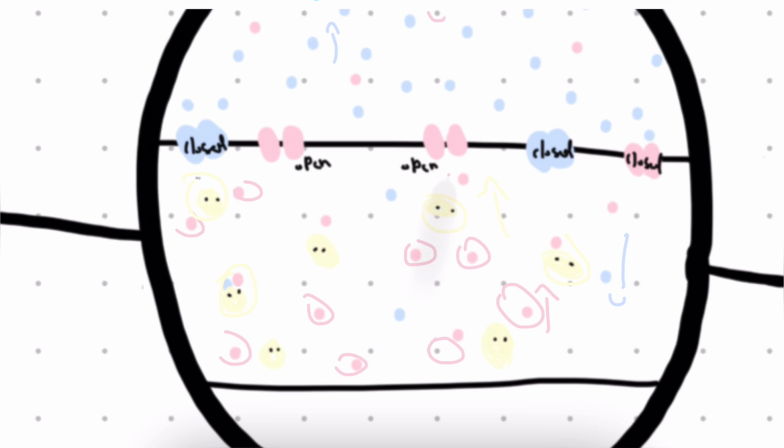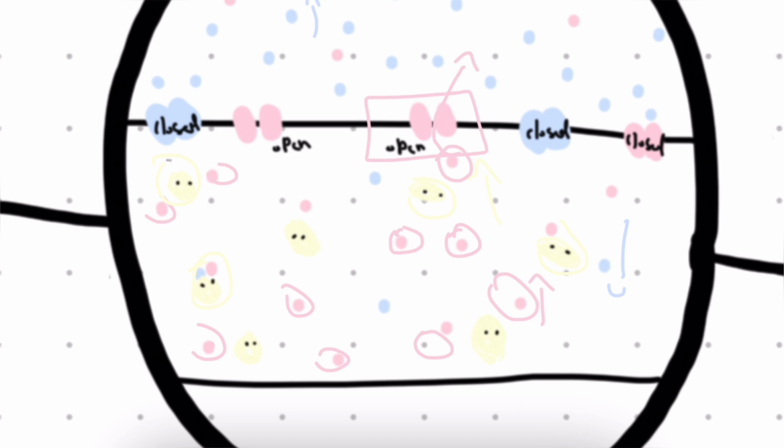Some of the potassium channels are open. These are called potassium leak channels, and potassium, which has a positive charge, tends to diffuse out of the axon because the concentration of potassium is lower outside.